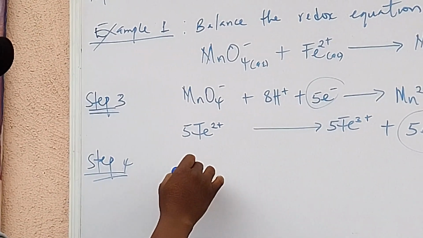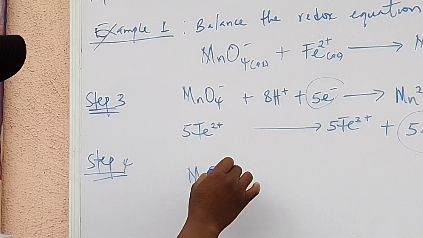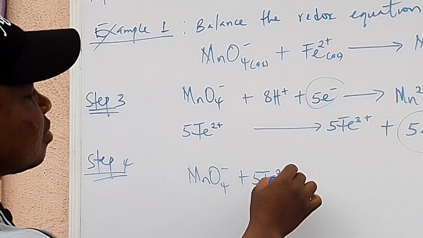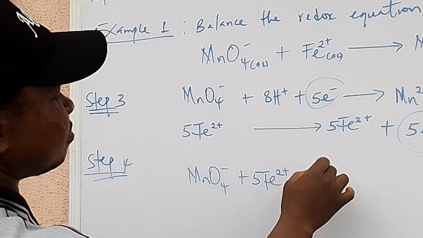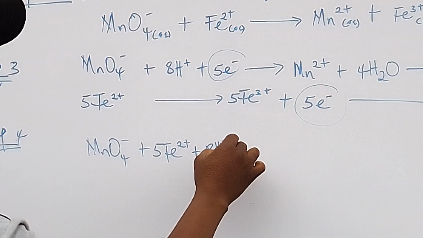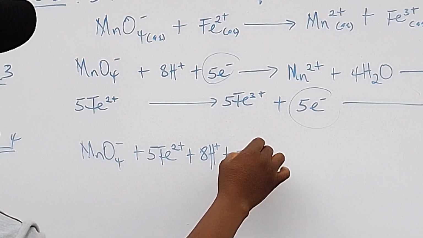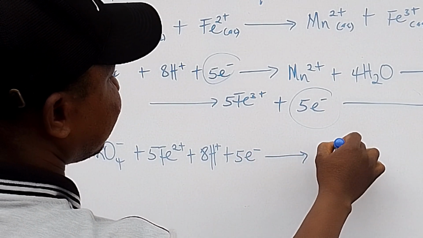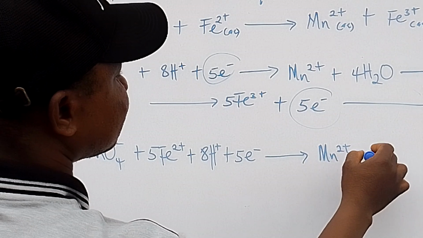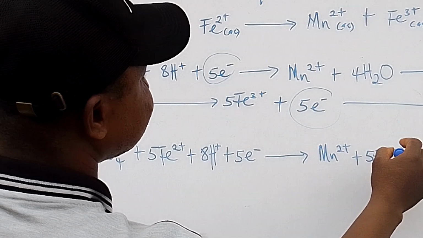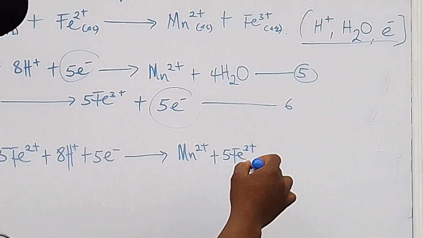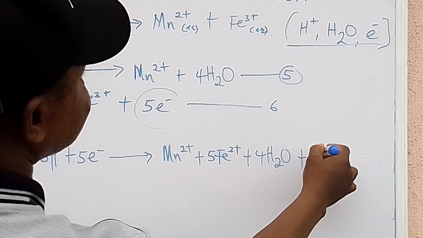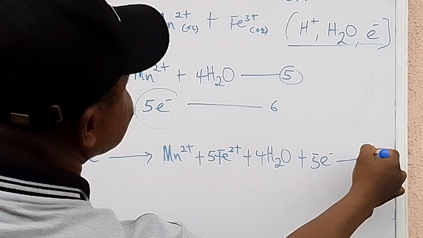So we have MnO4- + 5Fe2+ + 8H+ + 5e- producing Mn2+ + 5Fe3+ + 4H2O + 5e-. This gives us equation 7.